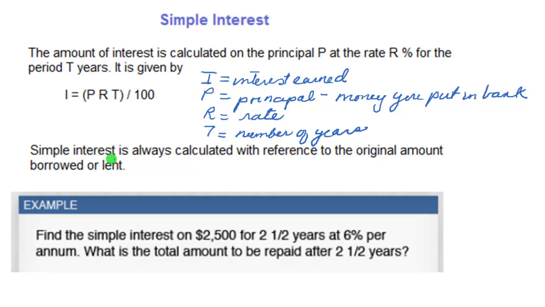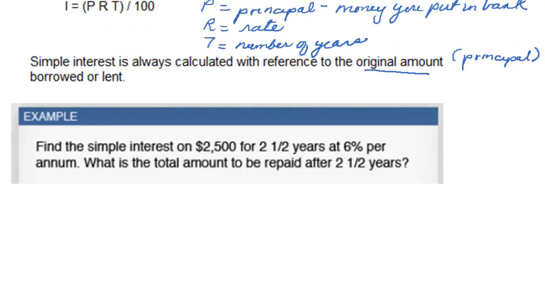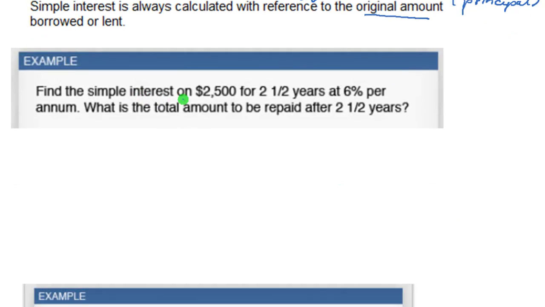Simple interest is always calculated with reference to the original amount borrowed or lent. Remember that original amount, that's your principal. Here's an example. It says find the simple interest on $2,500 for 2.5 years at 6% per annum, or per year. What is the total amount to be repaid after 2.5 years?